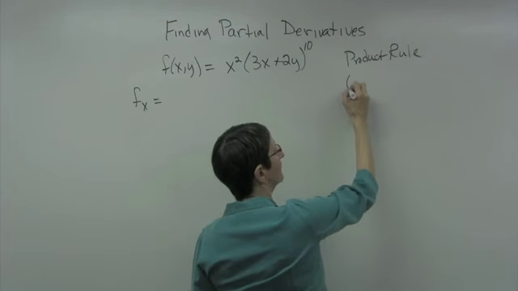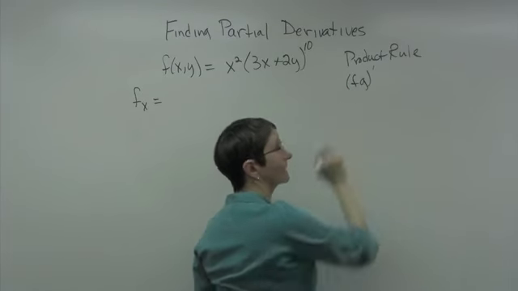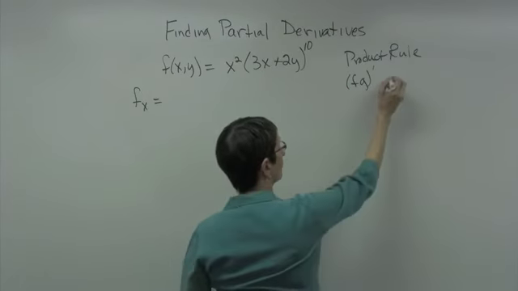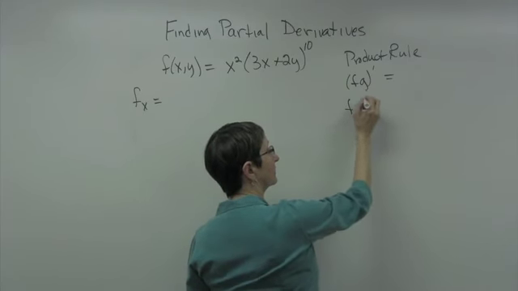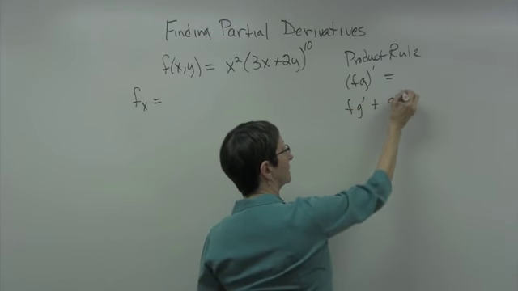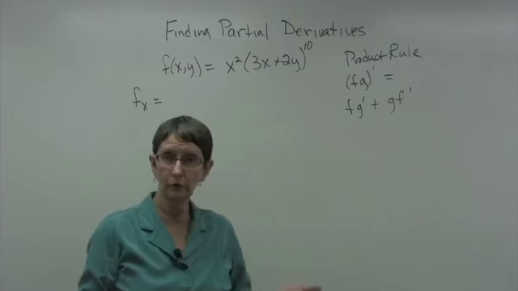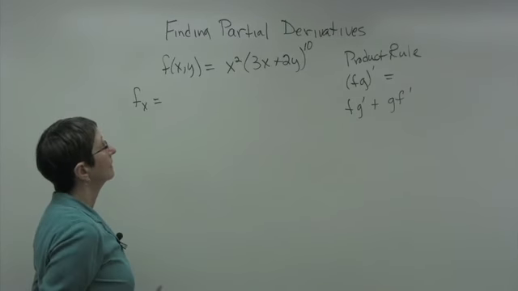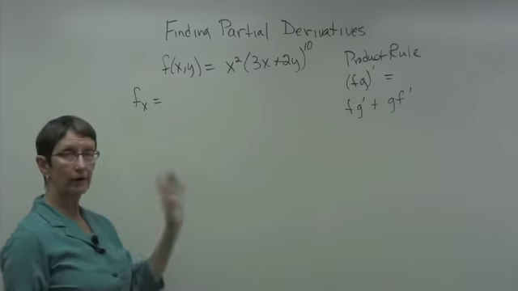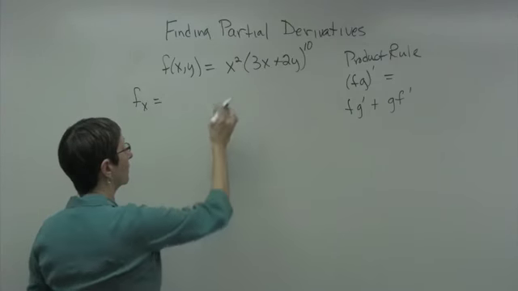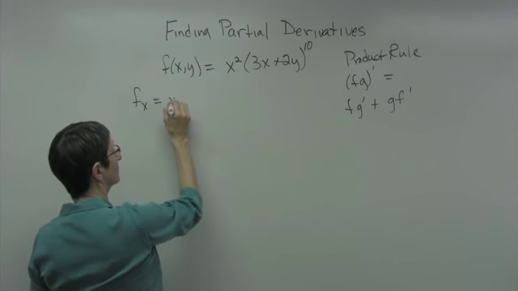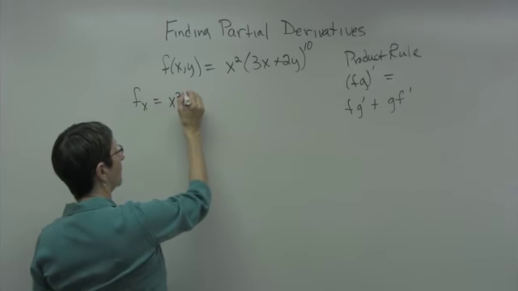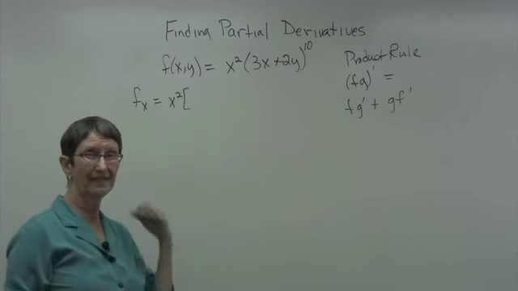Product rule says, if I have two functions multiplied together and I want to take the derivative, first times derivative of the second plus second times derivative of the first, or however you memorized it. Okay, x is the variable, but we still have to do product rule. So I put down the first, which is x squared. Now, I'm multiplying times the derivative of the second.